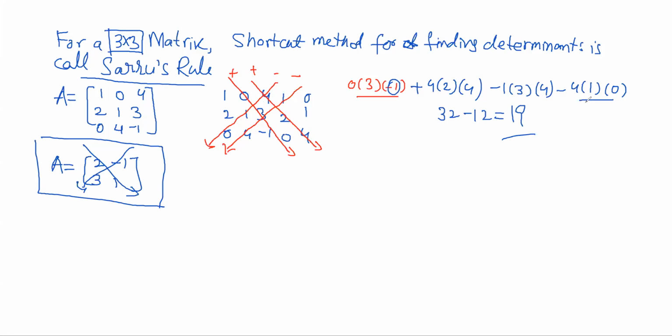So that was the Sarrus rule. Next, we can consider some of the properties of the matrices. Suppose we have a 4 by 4 matrix.